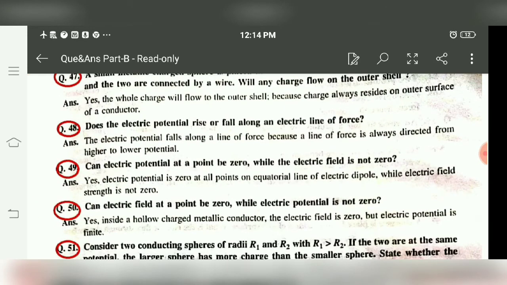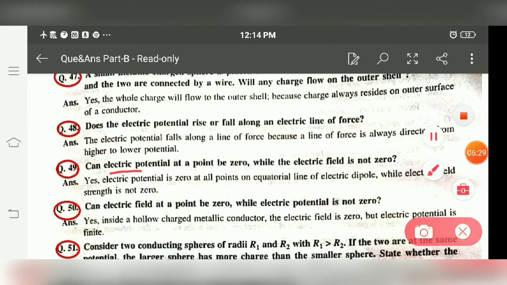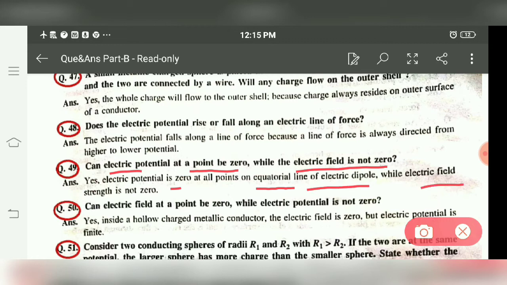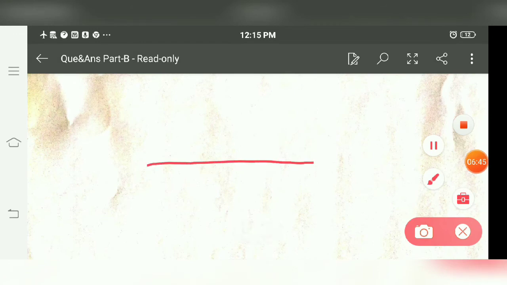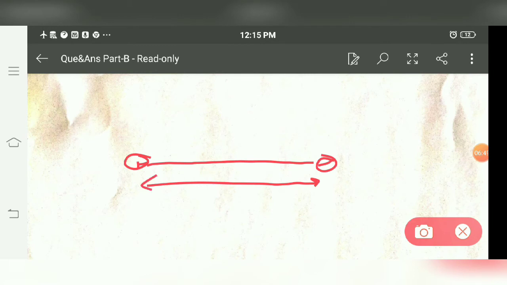So the next question is, can electric potential at a point be zero while the electric field is not zero? Yes. Potential is zero on the equatorial line of an electric dipole, where the electric field is not zero. Do you remember the case of the electric dipole? Positive, negative, separated from each other by a distance of 2a.